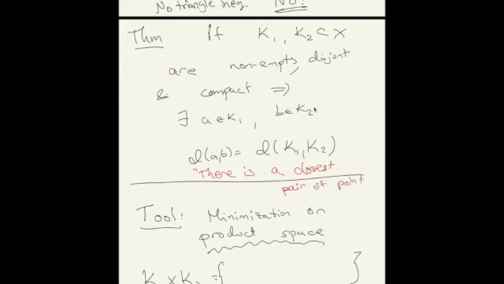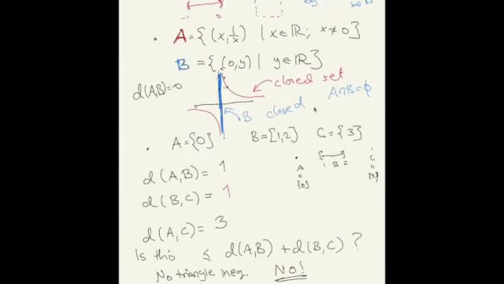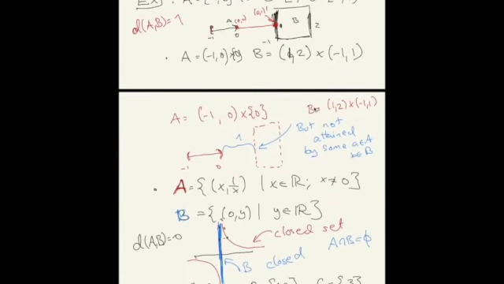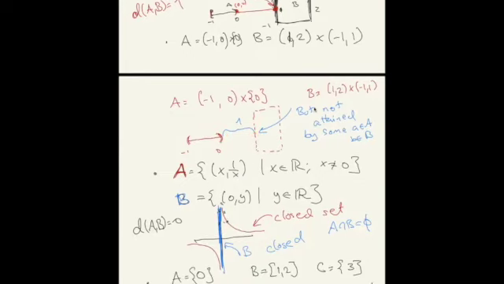And the main issue is exactly these two examples here. Here, the distance is 1, but it's not attained. Sorry, in this picture, the distance is 1, but the points lie outside the space. That's the closedness.